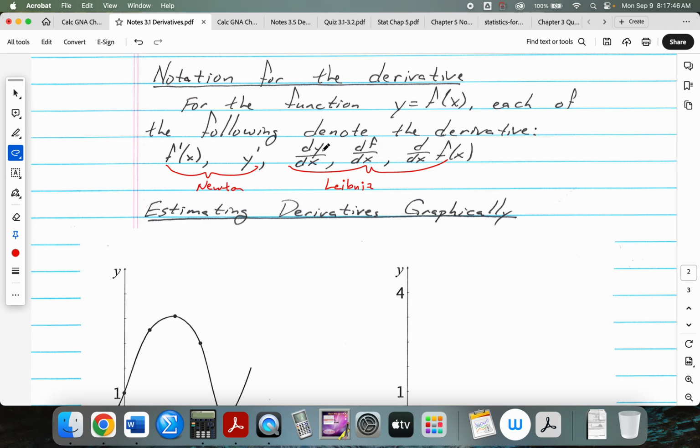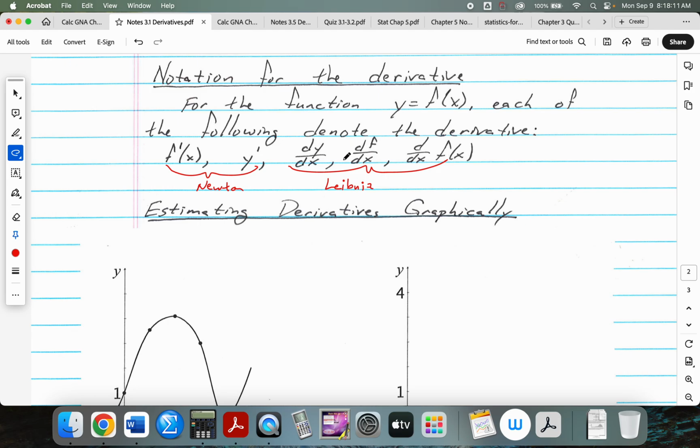What Leibniz thought of is he thought of this in terms of infinitesimals, is what he called them. At least that's how it translates into English. Instead of the difference in y over the difference in x, he said a really small difference in y over the corresponding really small change in x, which is what we're doing.